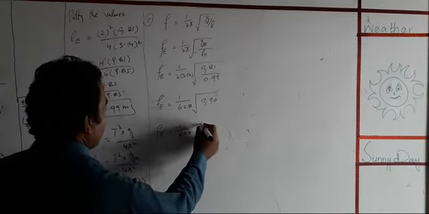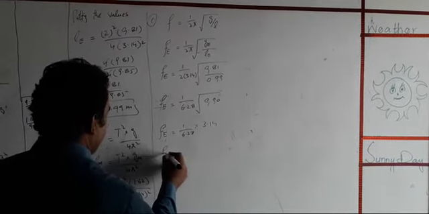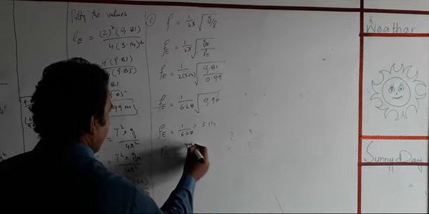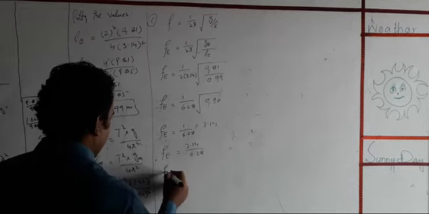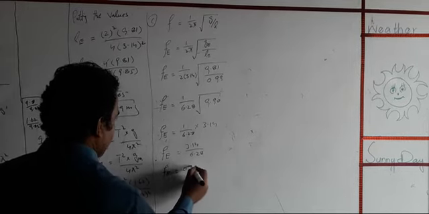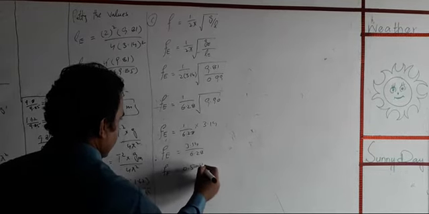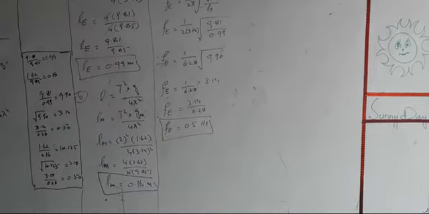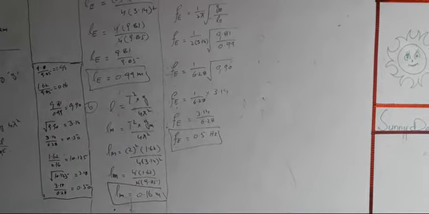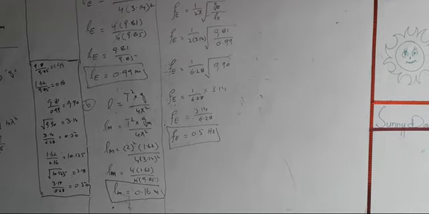So multiplying 3.14, now divide 3.14 by 6.28, it will give us the frequency equals 0.5 and its unit is hertz represented by Hz. So this is the frequency of the second pendulum on earth.